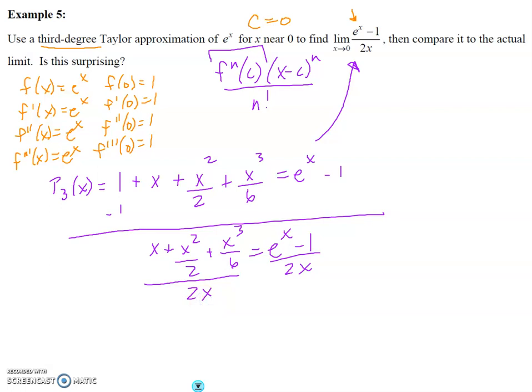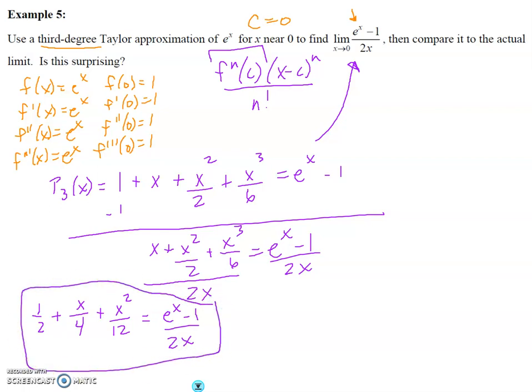And so what we have here is 1/2 plus x over 4 plus x squared over 12, which we are saying is equal to e to the x minus 1 over 2x. Alright, so there's our polynomial. Now if we do the math that they're asking us to do, so then it's asking us to find the limit.